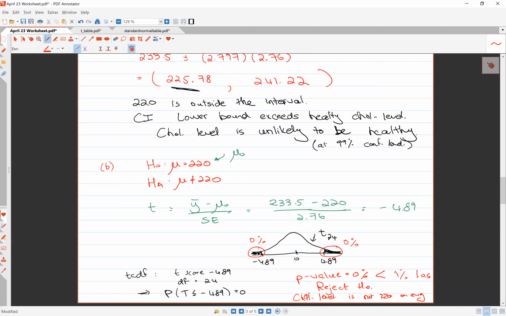That was our null hypothesis. So we are concluding that it's some different number, which means that this population, again, does not correspond to one having a healthy average cholesterol level. So in this case, confidence interval and hypothesis testing give us consistent results.